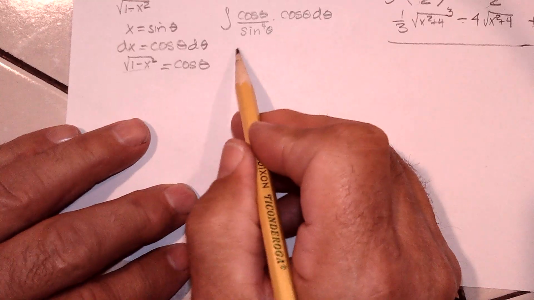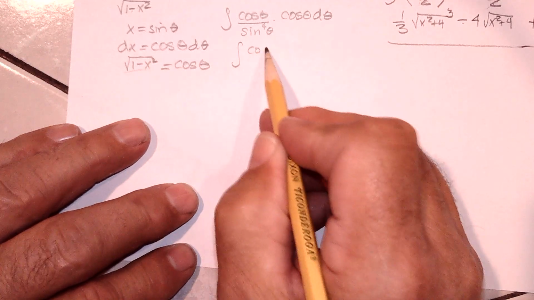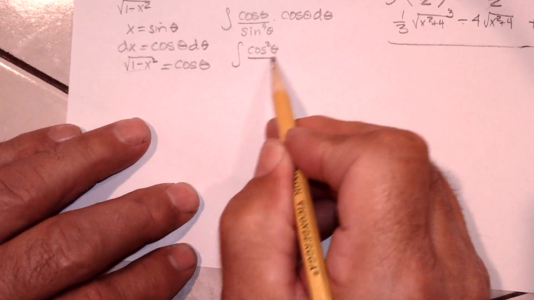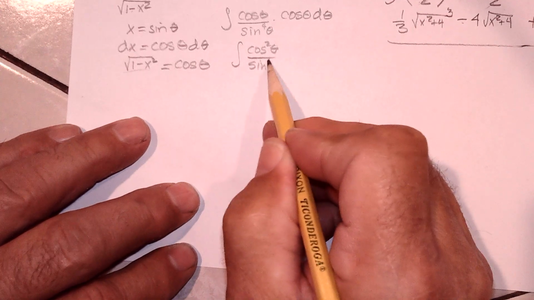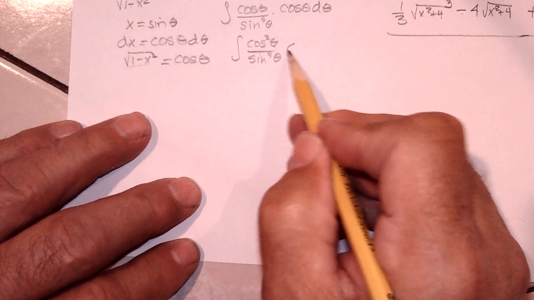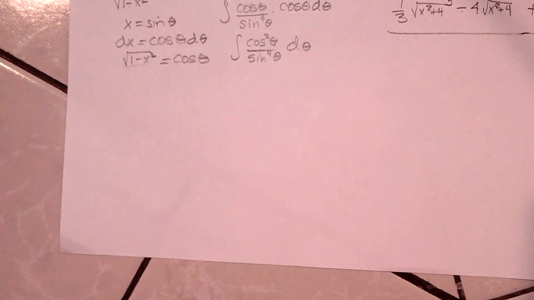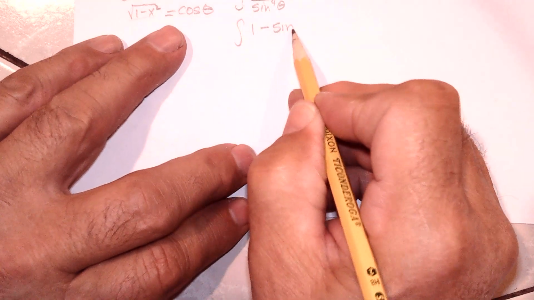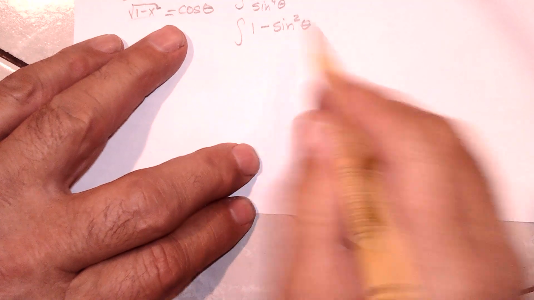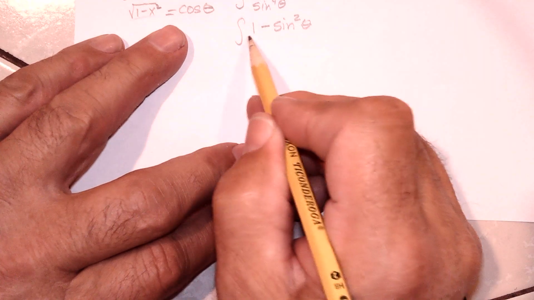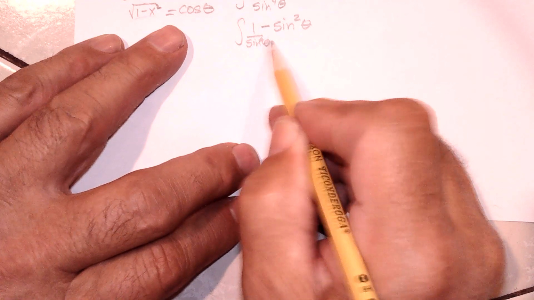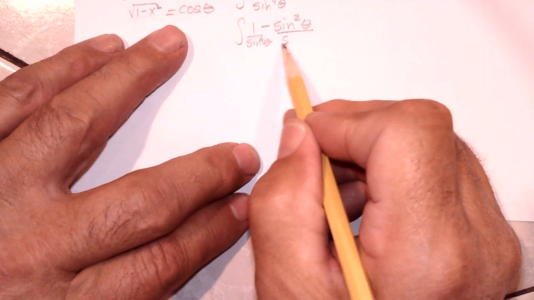So we have cosine squared, but cosine squared is one minus sine squared, and we can put that sine to the 4th under both of those.